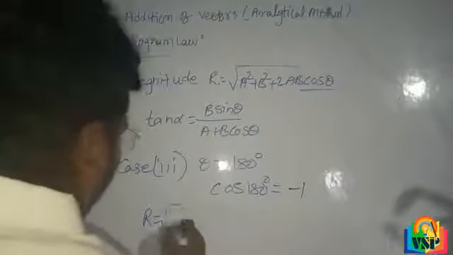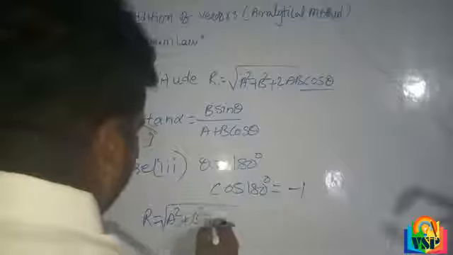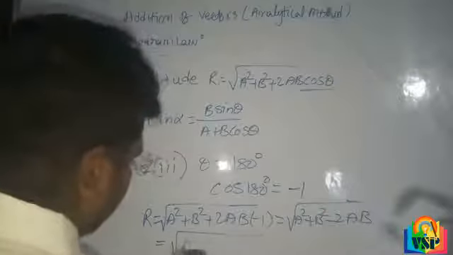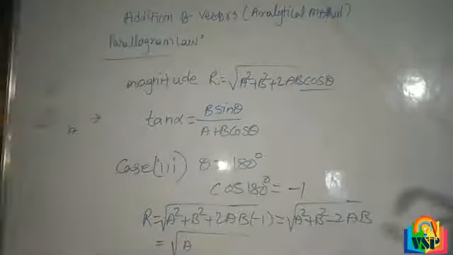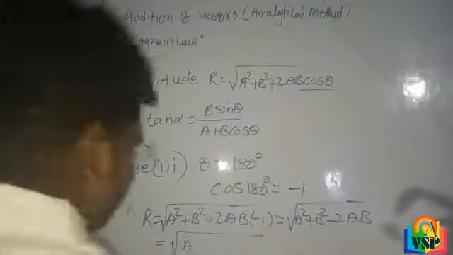R is equal to root of a square plus b square plus 2ab into minus 1, which is a square plus b square minus 2ab. This is a minus b whole square, the square root gets cancelled, and we get R is equal to a minus b.